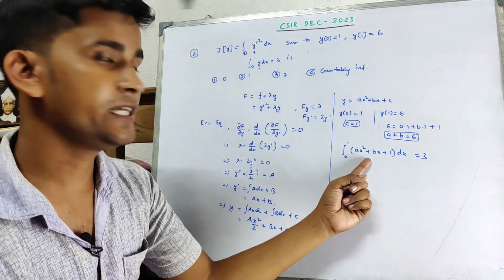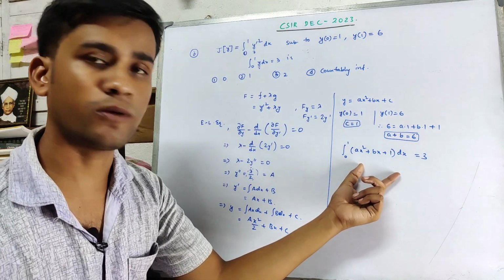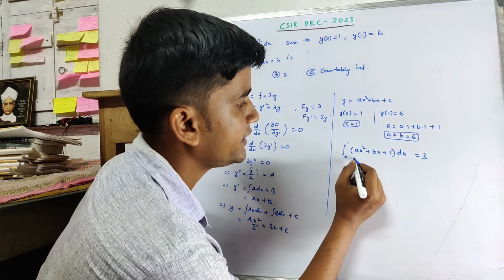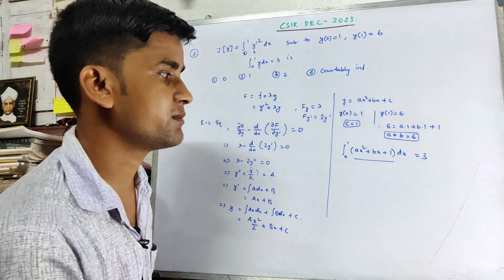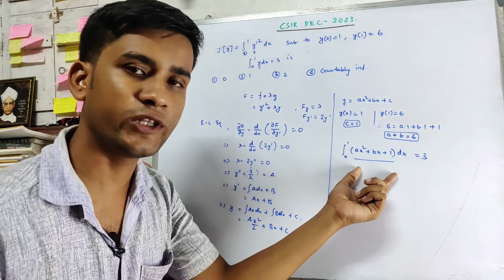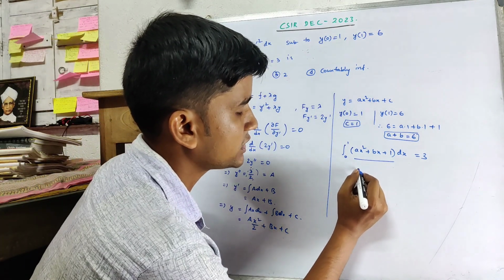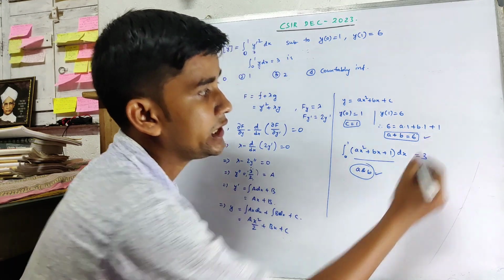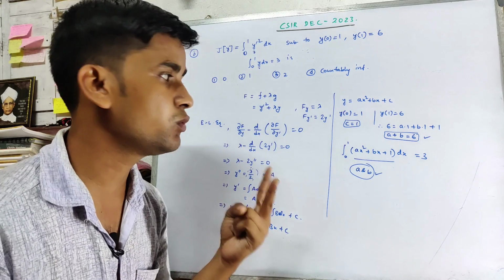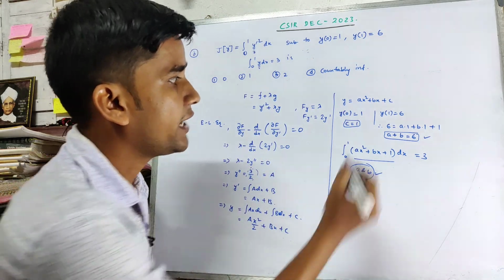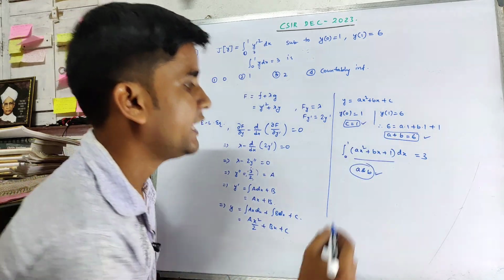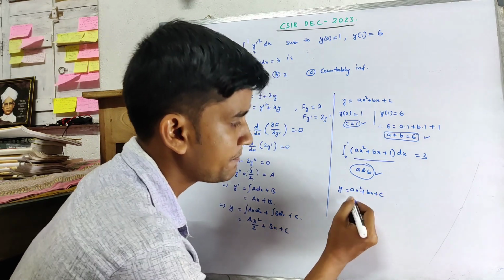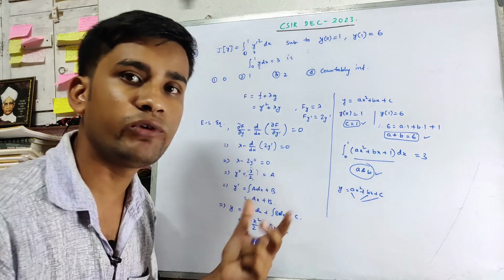We don't need to solve this to proceed further, because after putting the limits we just get an equation in a and b. So there are two equations and two unknowns, which is uniquely solvable, and we also get the value of c equal to 1. That means y equal to ax square plus bx plus c, these three values are uniquely solvable.